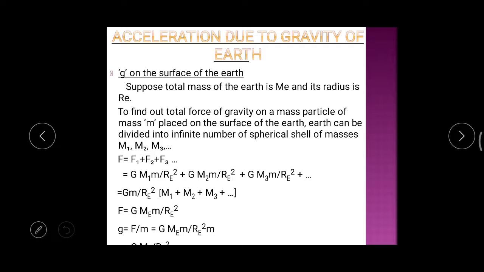Here the radius of earth Re is very much greater than small r. Hence Re plus small r is approximately equal to Re. Hence the force F becomes G into Me into m divided by Re square.